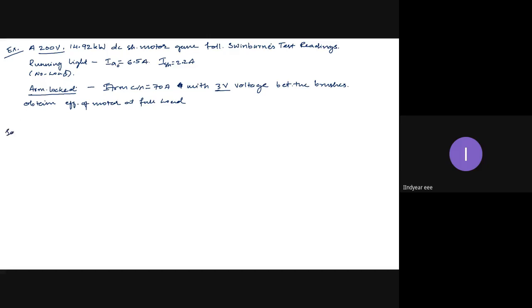Solution. Note, RA can be calculated from the data obtained with armature locked.